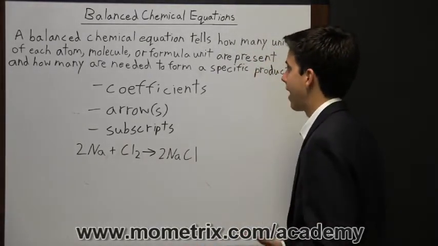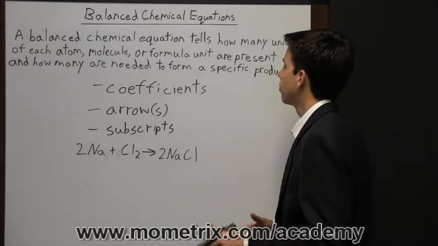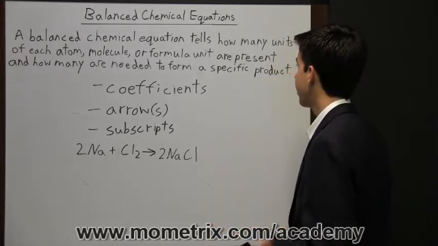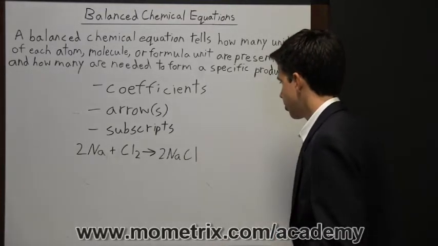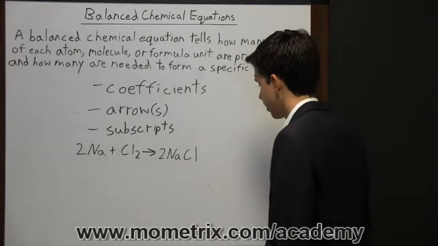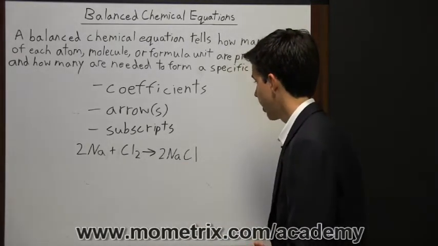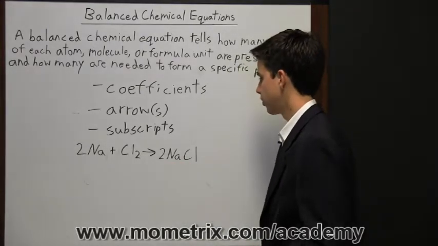And remember, a balanced chemical equation tells how many units of each atom, molecule, or formula unit are present and how many are needed to form a specific product. And so this right here tells us how many are needed to form a specific product. Because to get a sodium chloride molecule, you need 1 sodium and 1 chlorine atom to join together.